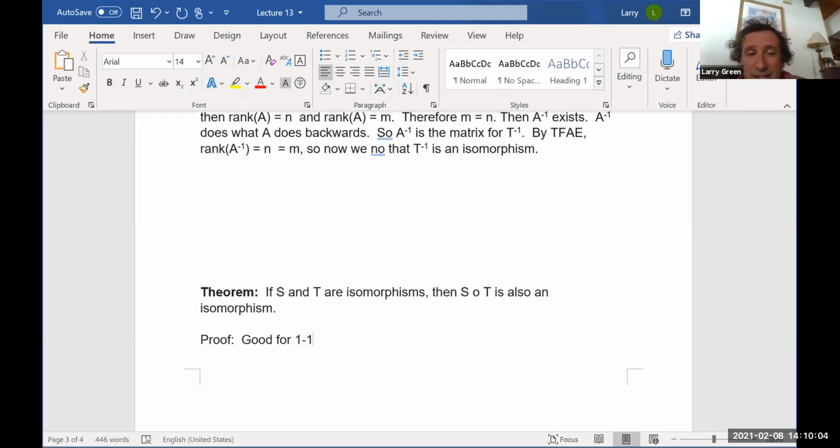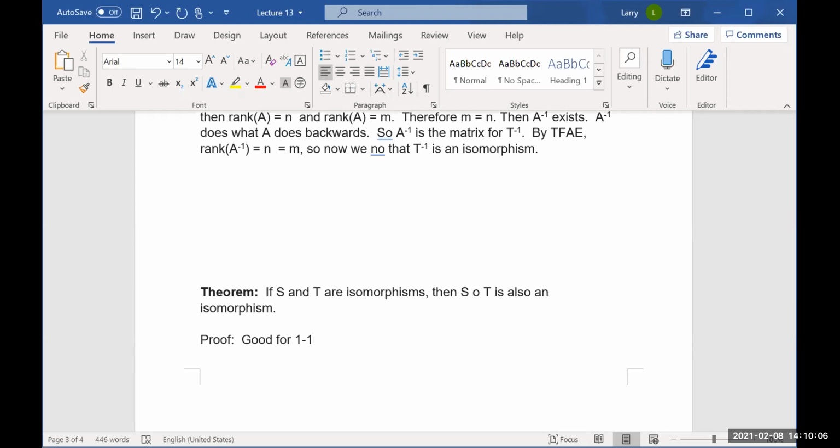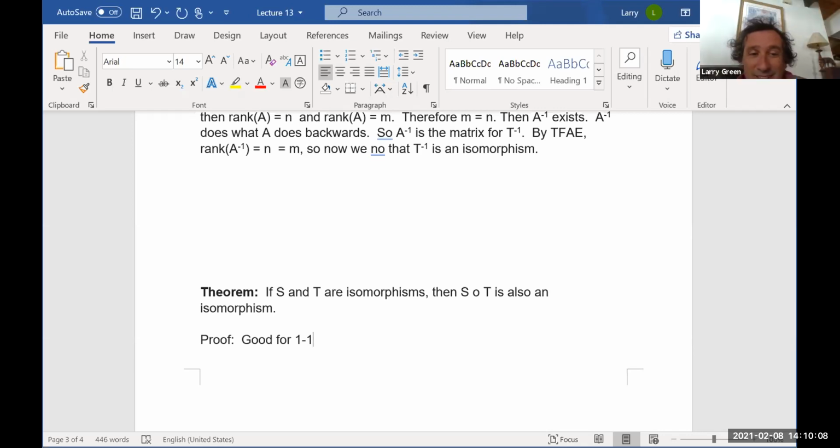How do we know that? You have a theorem for that. Yeah, because I just proved that theorem. Because if S and T are isomorphisms, they're 1 to 1. And if they're 1 to 1, then S of T is also 1 to 1. Is that clear? By the above theorem. Are you good with that?